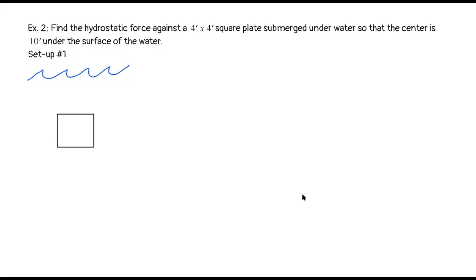Now this square plate, we know that the center of it is 10 feet under the surface of the water. So I know from here to halfway down is 10 feet, okay? I also know that this is 4 feet and this is also 4 feet, right?